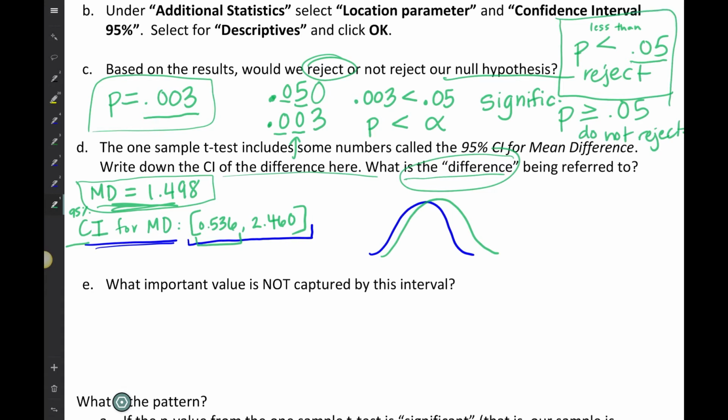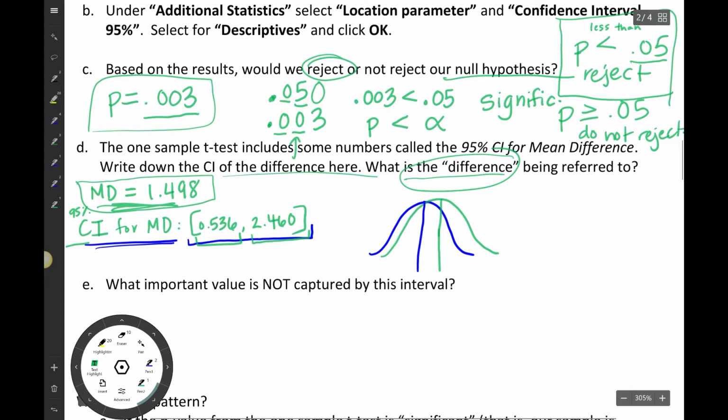We don't think they're super different though, because we don't think they're different by more than about 2.5 seconds. So this confidence interval is giving us how much difference we think there is between those means. So we think that there's at least half a second difference, but not more than 2.5 seconds difference.